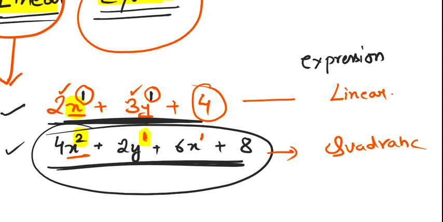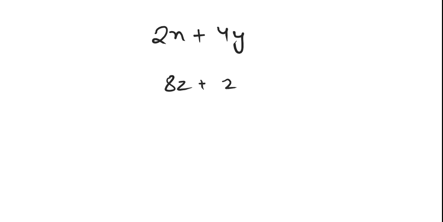In this chapter of linear equations, we will study only those equations which are linear in nature. Suppose 2x plus 4y. Another example such as 8z plus 2, or 4xy plus 7. These are all linear in nature because their power is 1.